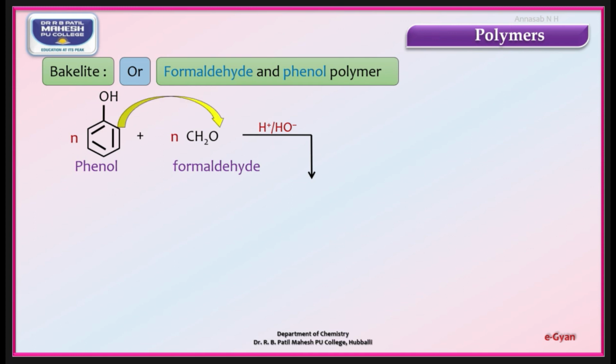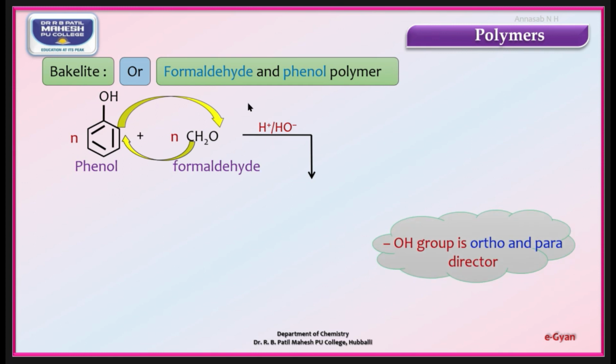There is a formation of linkage between the CH2 group of formaldehyde and carbon of the benzene ring by the loss of a water molecule. The OH group of phenol is ortho and para directing, hence the CH2 group has to attack either the ortho position to OH or the para position to OH.